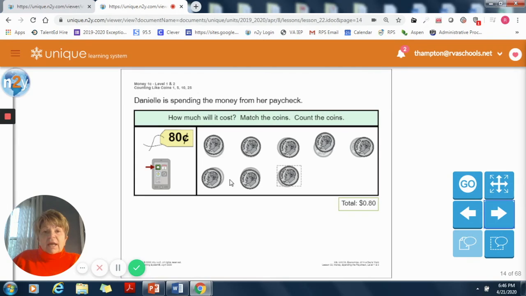Very good. And how many coins is it all together? 1, 2, 3, 4, 5, 6, 7, 8 coins. So if you still have those extra 2, just leave them right in your pocket.